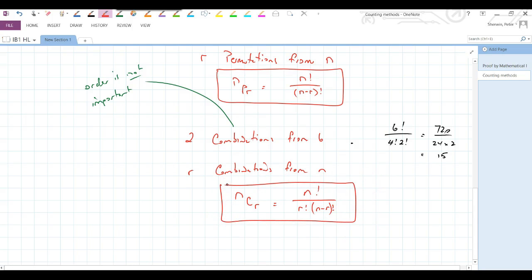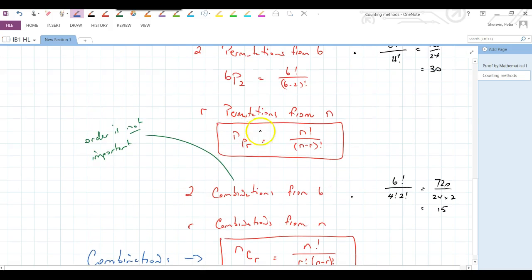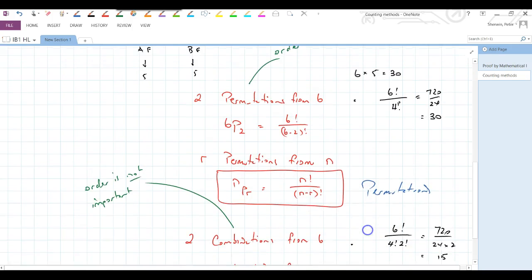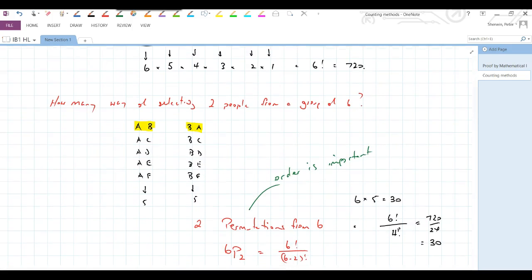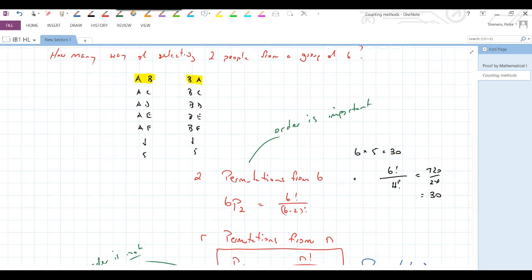So combinations, and over here we have permutations. Order important, order not important, and an example of 2 from 6 and a few calculations there.